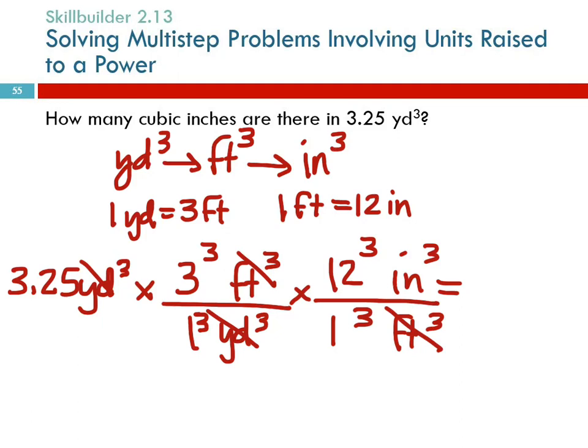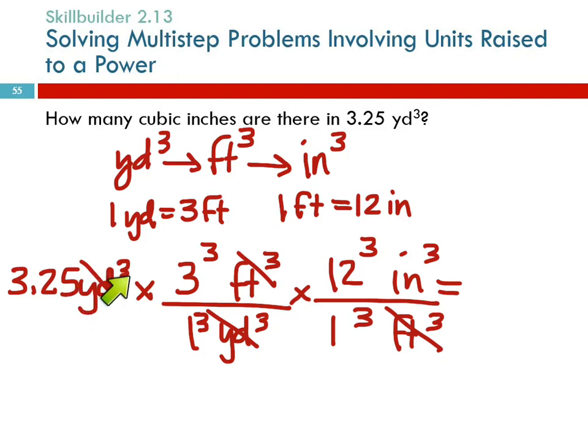So now, how do we punch this in on the calculator? Well, if you have a button on your calculator that allows you to do cubes, you've got 3.25. Now, is that number cubed? No, it isn't. The unit is cubed. There's another common mistake I just remembered.